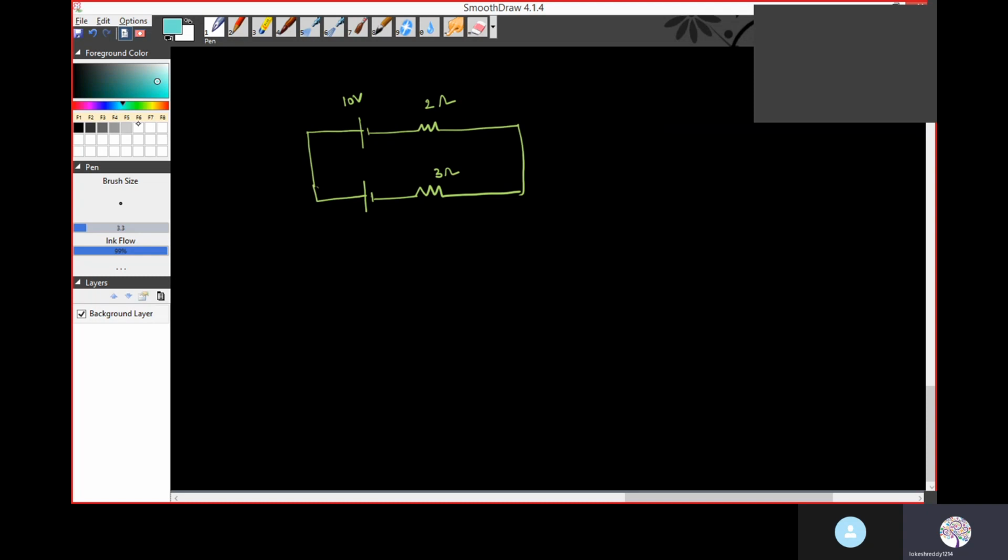Okay. Now let's write the Kirchhoff voltage law here. Now here this is 5 volts.